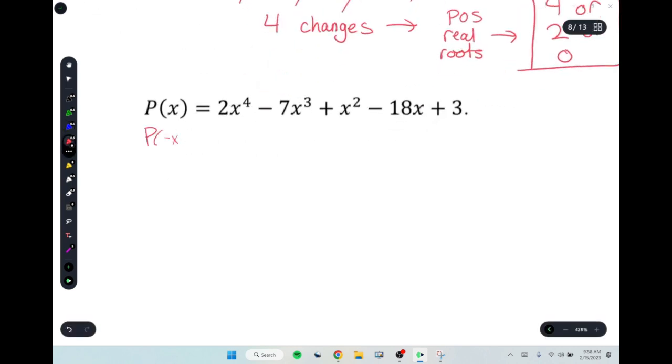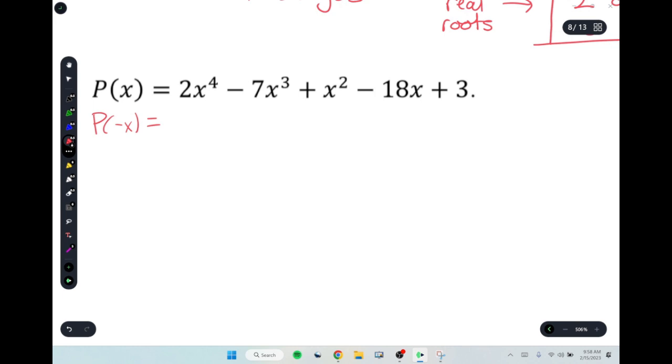All right. P of negative x. First sign change or not? No, it doesn't, because it's even. 2x^4. Second thing flip-flop. Positive 7x cubed. Third thing flip-flop. Nope, because it's squared. Fourth thing flip-flop. Yep.